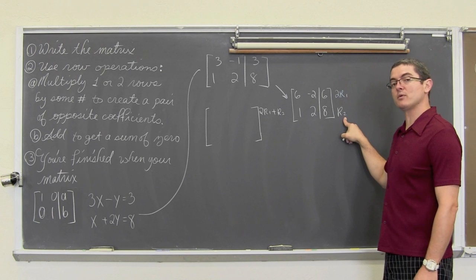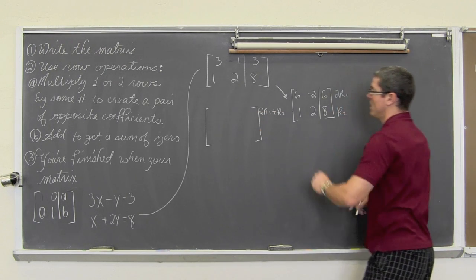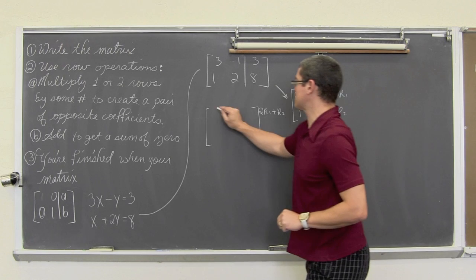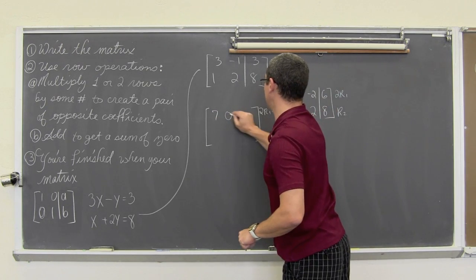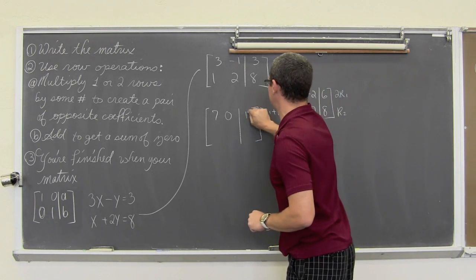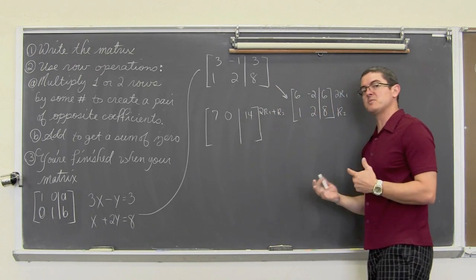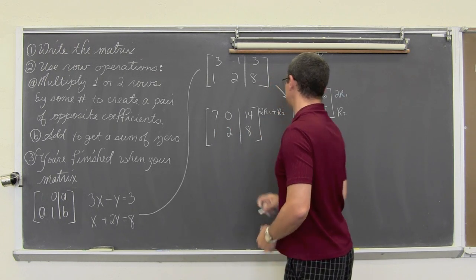I want to add that to row 2 and replace it where I have this mark here of row 1. So 6 plus 1 is equal to 7. We have negative 2 plus 2, which is equal to 0. And we have 6 plus 8, which is equal to 14. And we're going to keep the second row the same, which again is 1, 2, and 8.